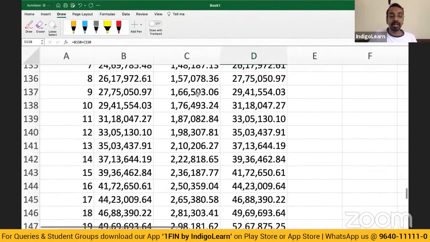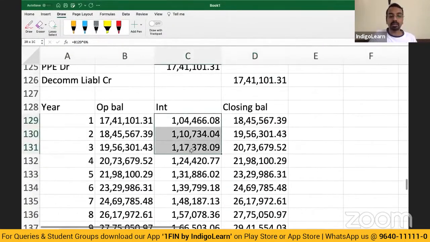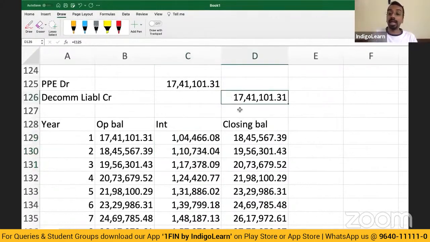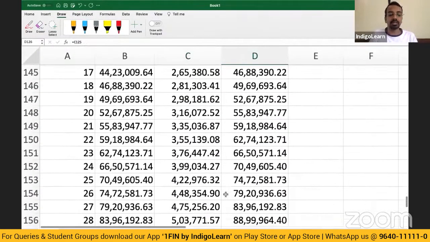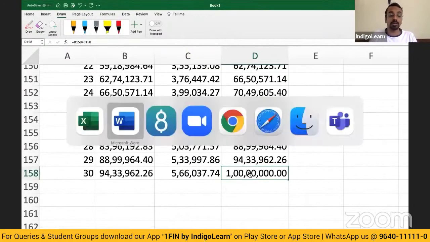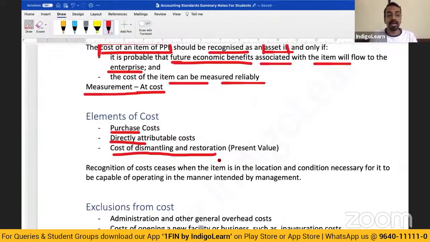So every year, this is the interest which will be charged. You will debit this interest as finance cost. We also call it unwinding of discount, a technical concept, and you will credit it to decommissioning liability such that at the end of 30 years, the decommissioning liability becomes 1 crore. Okay. So this is the concept of present value of decommissioning liability, right?